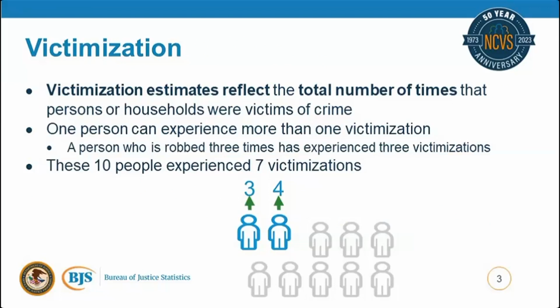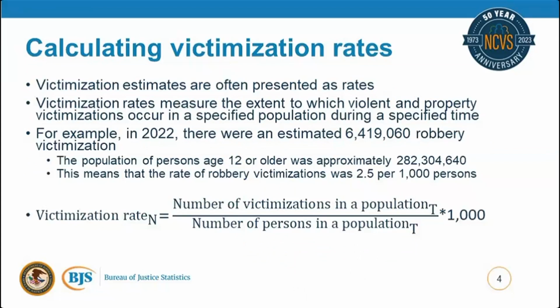In the figure on your slide, you can see that these 10 people experienced a total of 7 victimizations. Victimization estimates are often presented as rates. Victimization rates measure the extent to which violent and property victimizations occur in a specified population during a specified time.